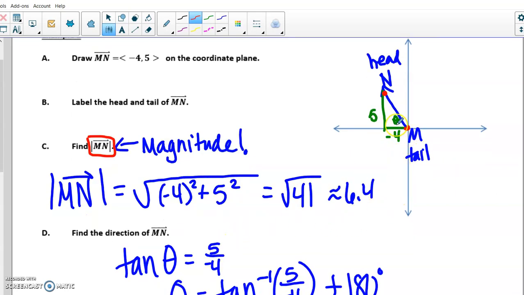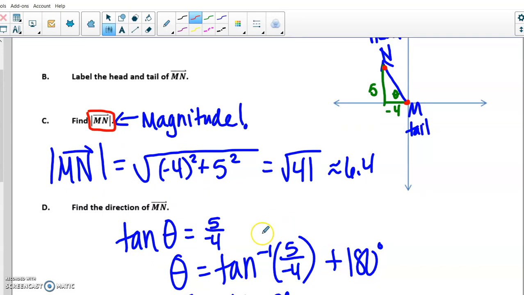Now on this one, when you go to find the direction, set up your triangle, tan theta is equal to 5 over -4. Again, to figure out the angle, you have to do arctan of 5 over -4.